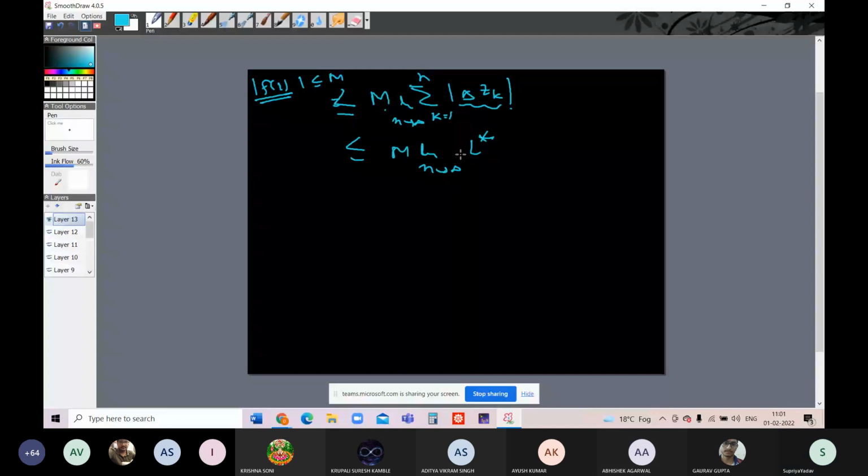Because we know that the mod of f(z) is less than or equal to M, we can write this as less than or equal to M times the limit as n tends to infinity of the summation from k equals 1 to n of delta z_k. You know that the summation of delta z_k is L star, so M times the limit as n tends to infinity of L star, and this limiting value is L, so we can write here ML. So this is the complete proof of the ML inequality.